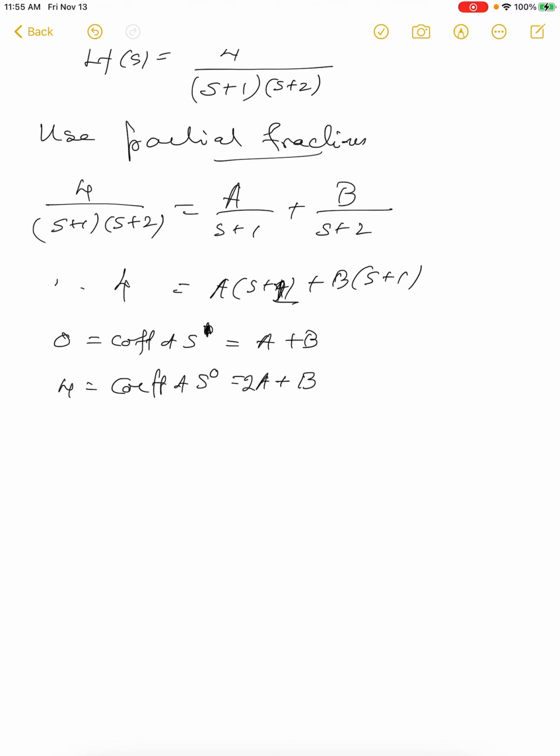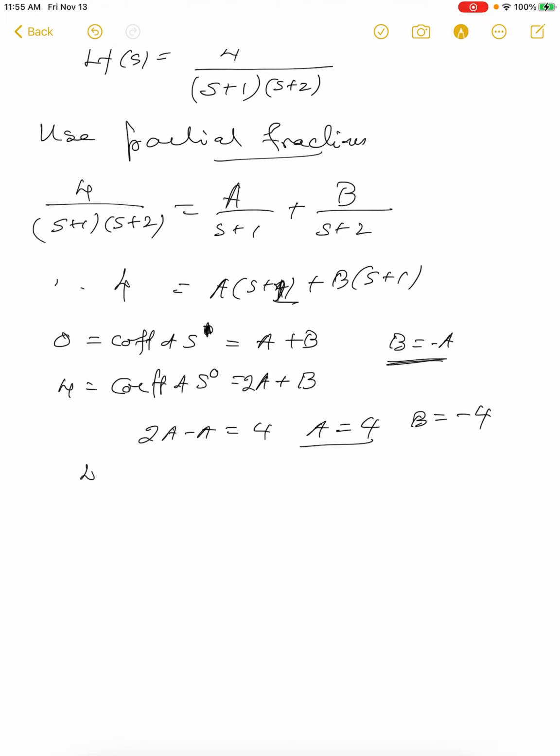So you want to solve this system. b is minus a from the first equation. If I put that in here, I get 2a minus a equal to 4. So my a will be 4 and b will be minus 4. Good.